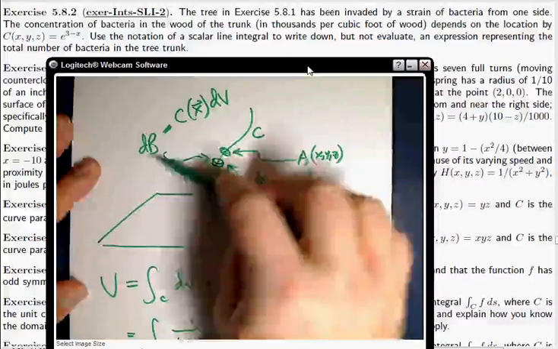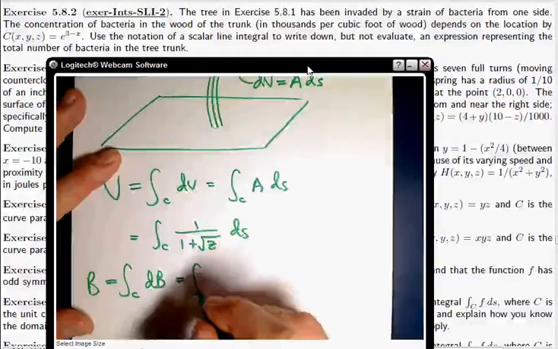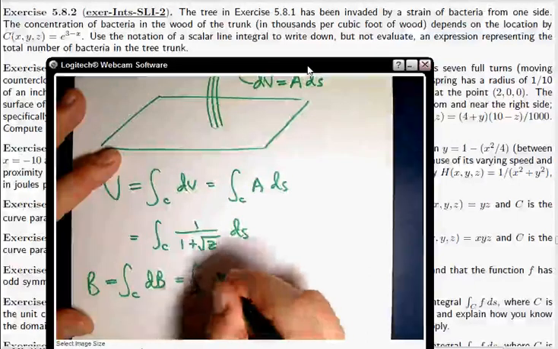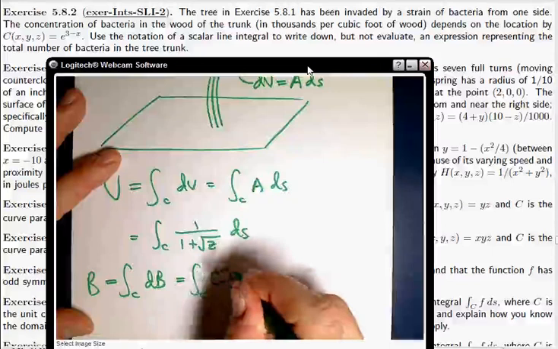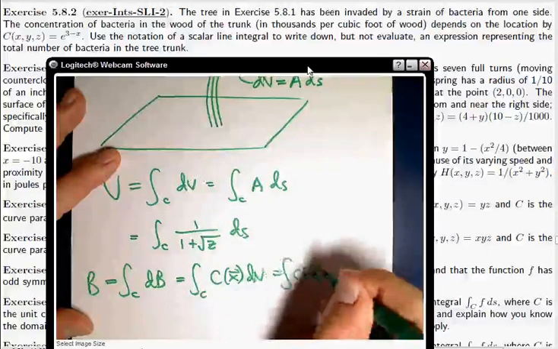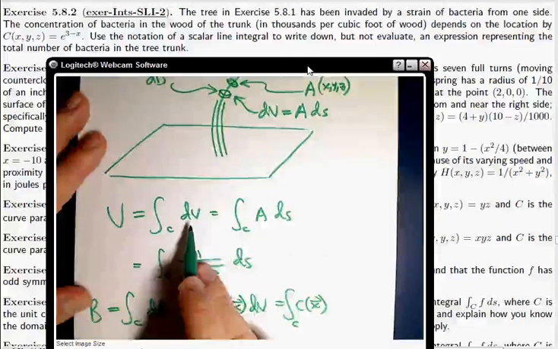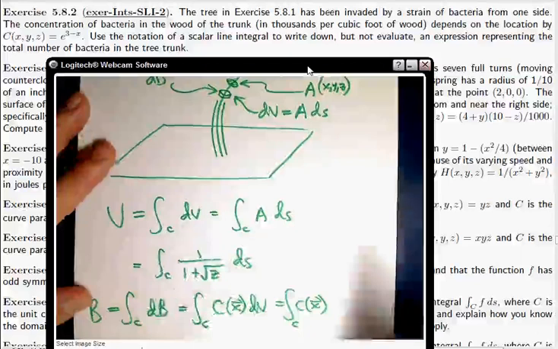So with that being said, I can rewrite this as concentration times dV, but wait a second, we already know this is integral over the curve, dV is A of x ds.